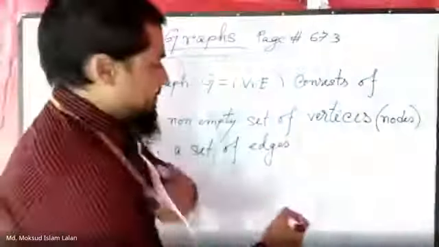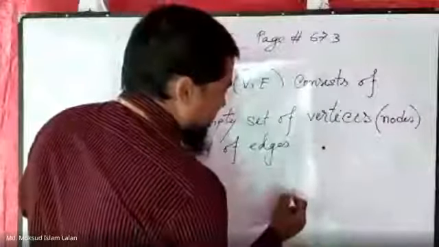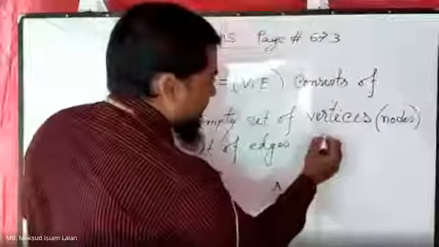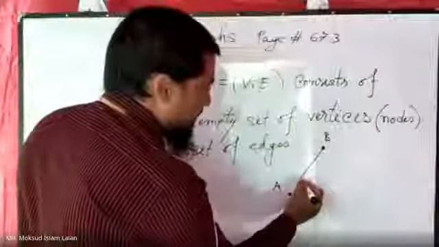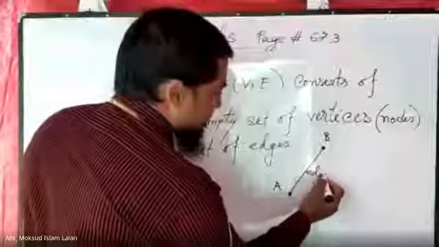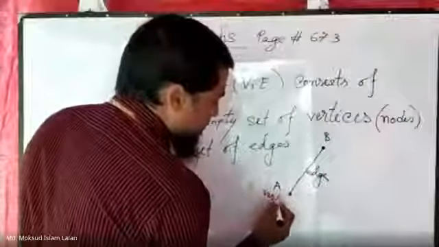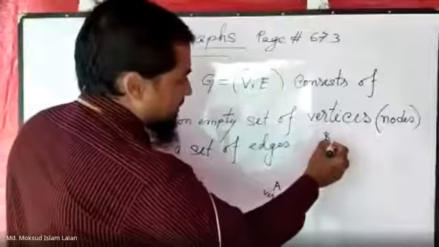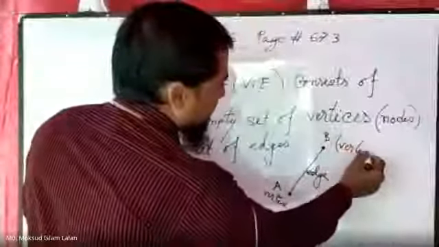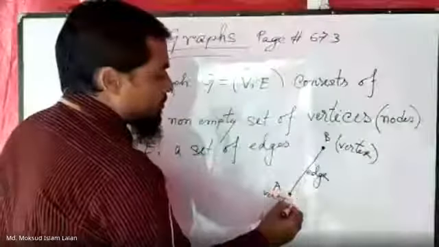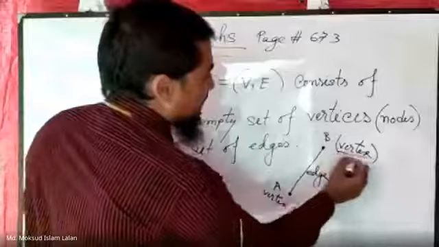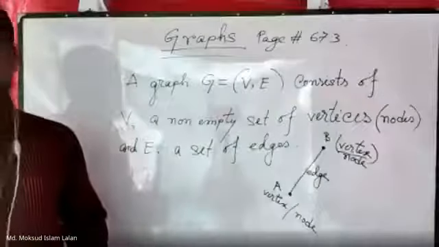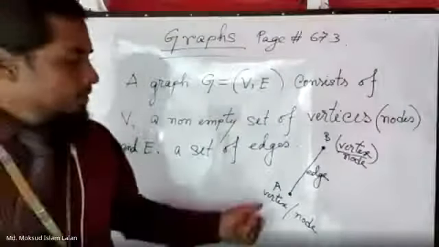As for example, these dots A and B. This is vertex A and this is vertex B. Vertex A and vertex B are also called nodes.